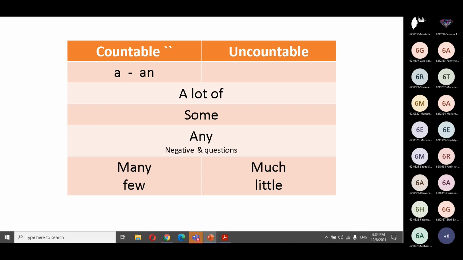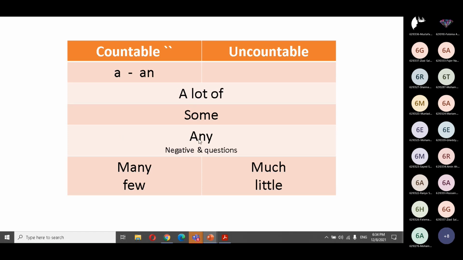Also you can use some with countable and uncountable. You can say some people countable. You can say some money uncountable. But some with affirmative, positive. some لازم استخدمها مع الجمل المثبتة مو المنفية ولا السؤال. ليه؟ لأن في النفي والسؤال استخدم any.